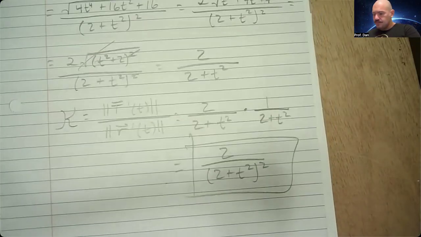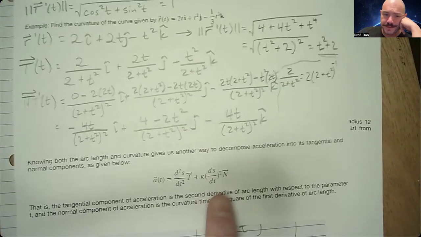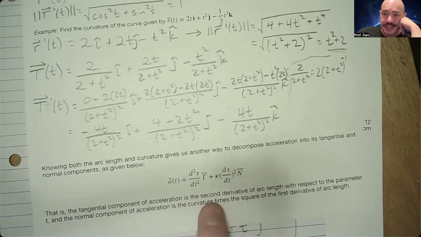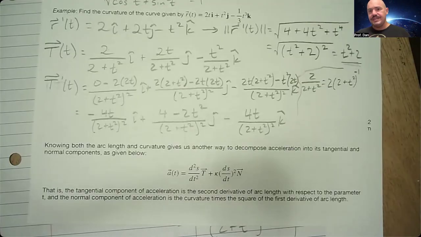And that gives us curvature. Now, the last idea that I want to talk about in this chapter is how we can actually use arc length and curvature to do what we did in the last section, decompose the acceleration into tangential and normal components.